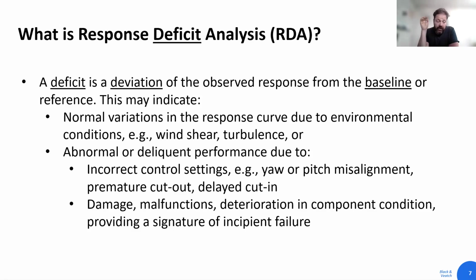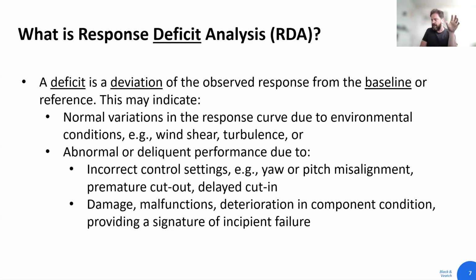Maybe you can detect the signature of an incipient failure in the analysis that allows you to intervene prior to an actual component failure that would incur a greater cost. In general, different kinds of component degradation result in different kinds of deformation of the response curve, resulting in different shapes of the deficit curve.